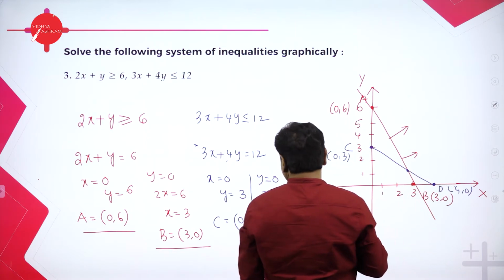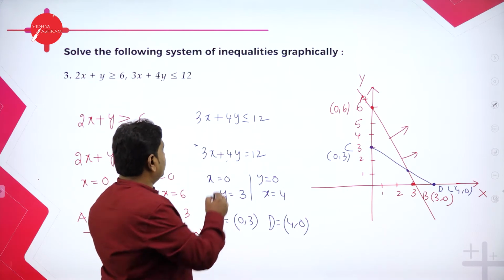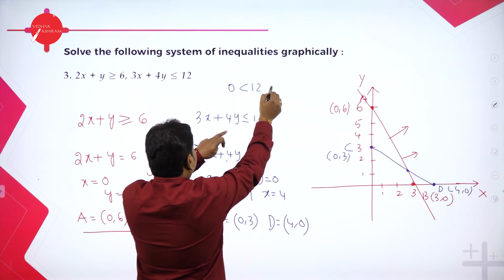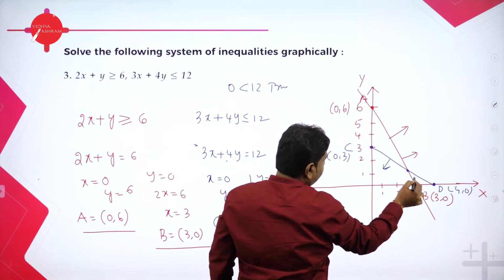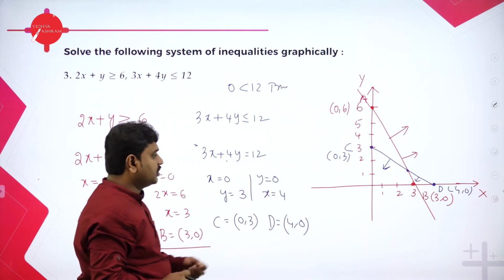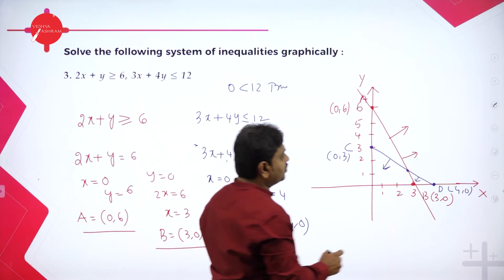Now for this line, less than, you can see less than means what? Shade below. If I put the origin, 0 plus 0 less than 12, it is true. So I should shade towards the origin. From this line I should shade down. So now where both will mix, that is the common region of solution. Both are mixing.